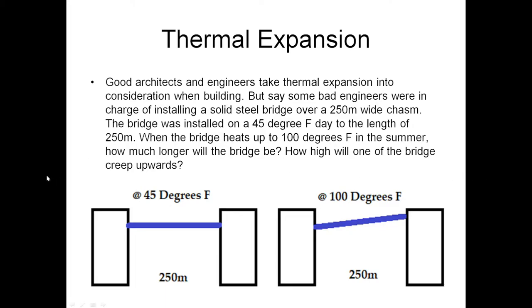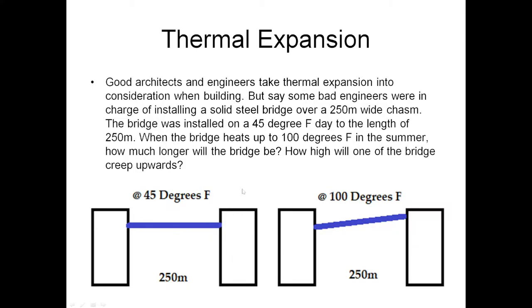So this is not a very realistic scenario because I hope no one would build a bridge like this, but I designed this example to just show the extremes of what could happen if built horribly wrong. So, good architects and engineers must take thermal expansion into account.